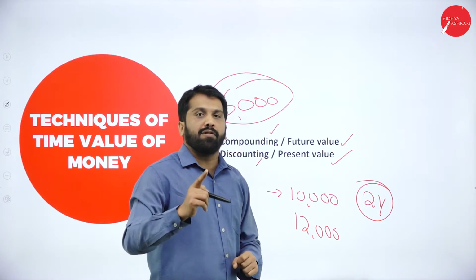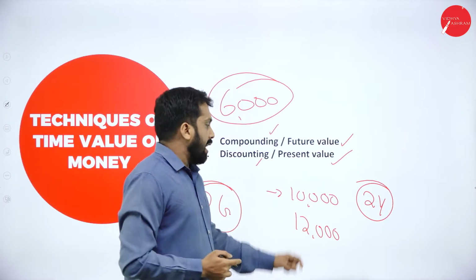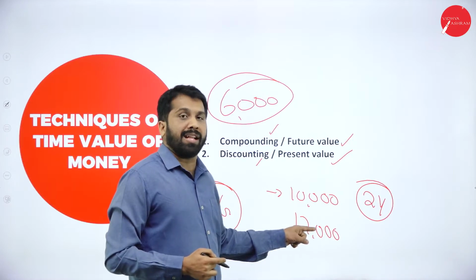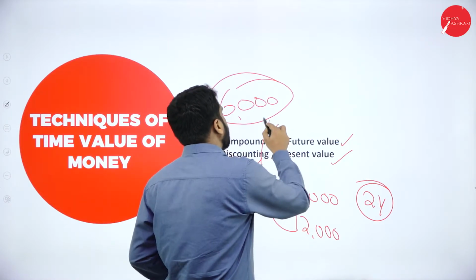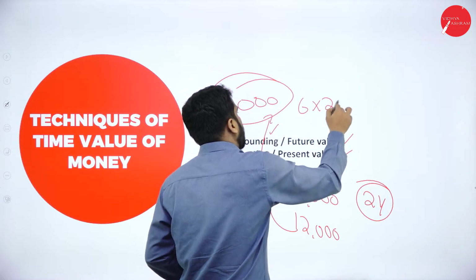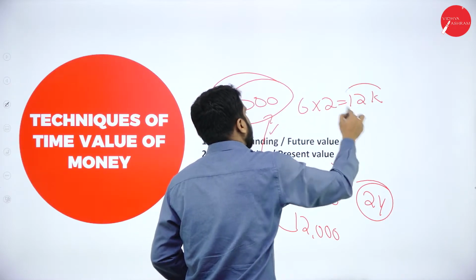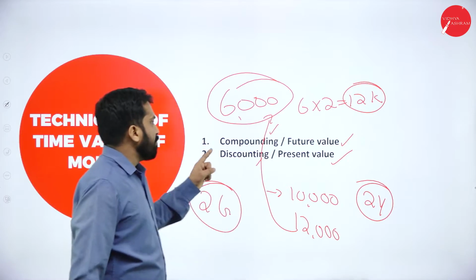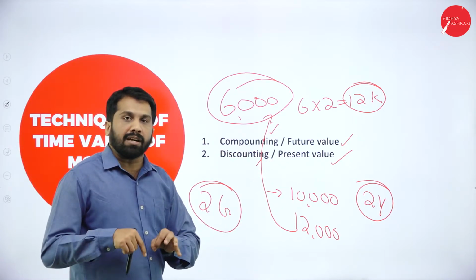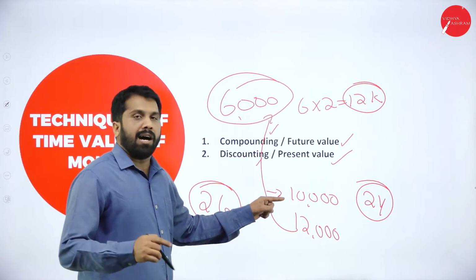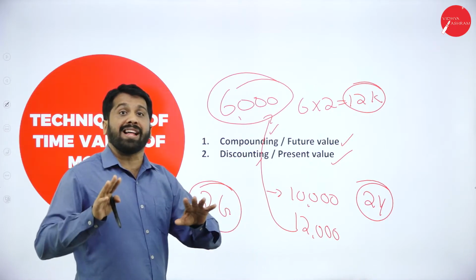That's why if you give me after 2 years, I don't want 10,000, I want 12,000. Because after 2 years also, I can buy 2 grams of gold. How much is it? 12,000. There is a logic behind your future value or compounding value. Today's 10,000 worth, after 2 years, will become 12,000.